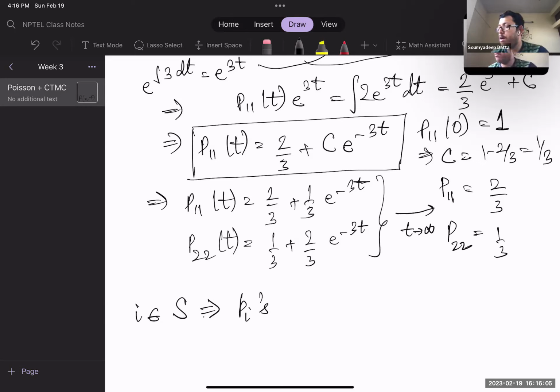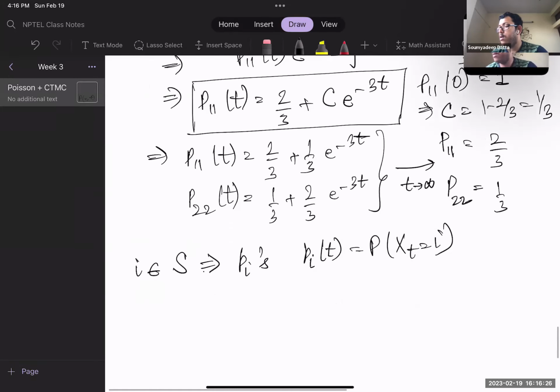Essentially pi_i is the probability that at any time t, X_t is equal to i. And you want to check whether, as t approaches infinity, this probability approaches a certain stationary value pi.